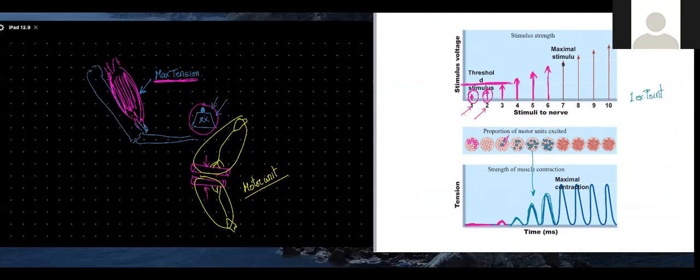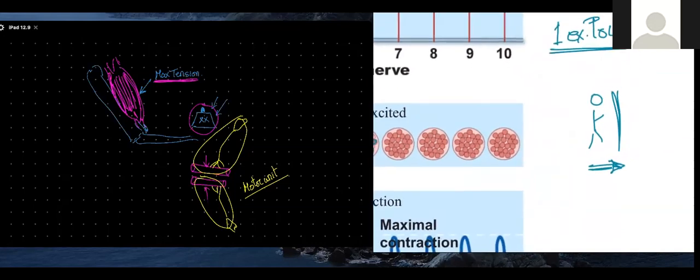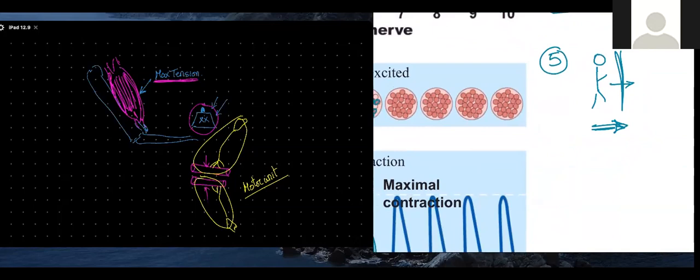So I will ask you to push a wall for 1 extra credit point. Very few of you will be convinced by the idea, and they will take the point and start pushing the wall. So I was able to recruit, let's say, 5 of you to push the wall for 1 extra credit point.